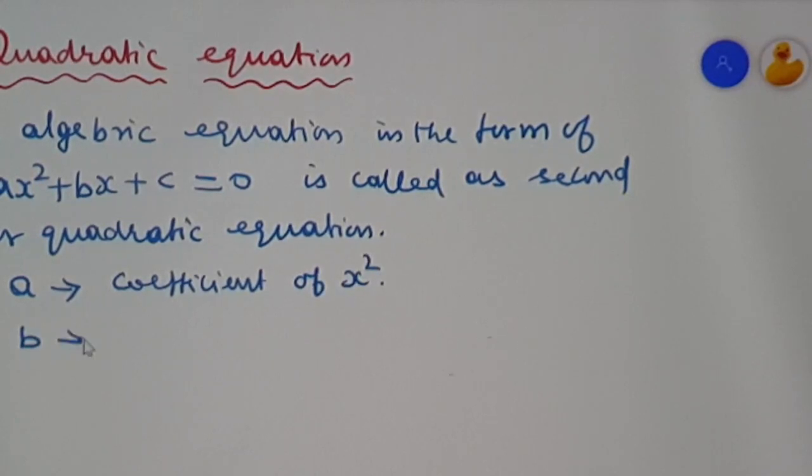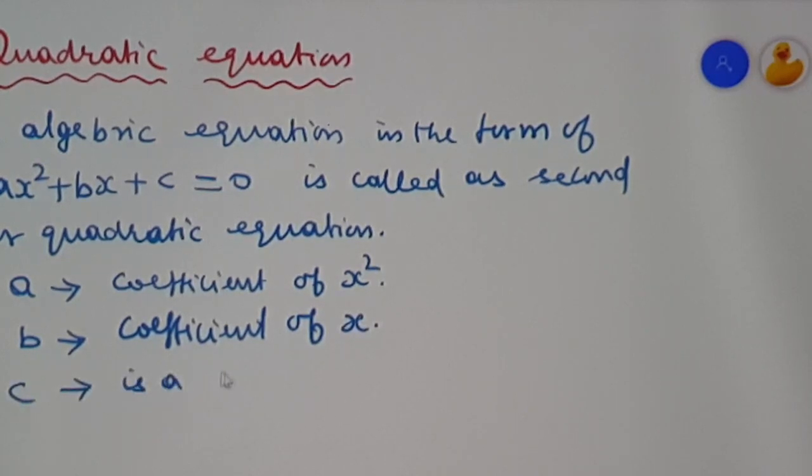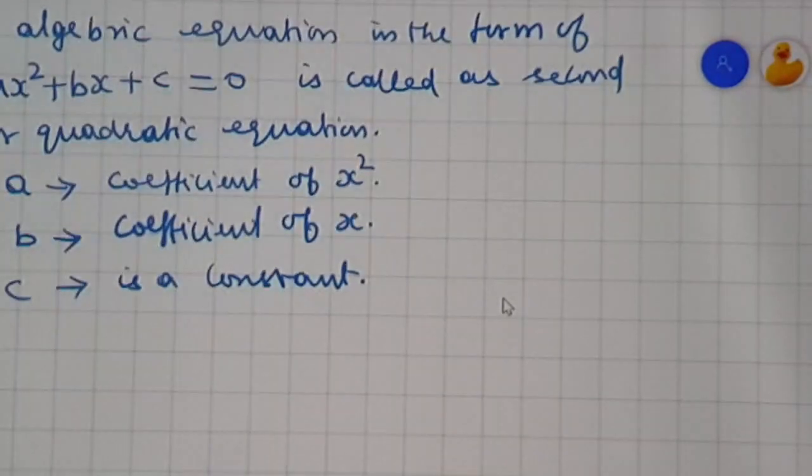So what is b? We can say it is the coefficient of x. Then what is c? c is a numerical constant. So we can get the solution for this quadratic equation.